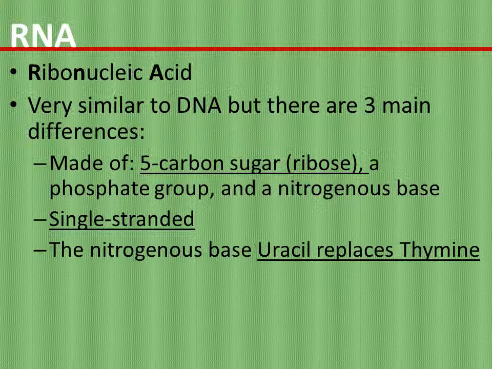And in RNA, instead of having thymine, you're going to have a nitrogenous base called uracil. Uracil is abbreviated with the letter U. And we'll talk about how it pairs up even though RNA is a single-stranded molecule.